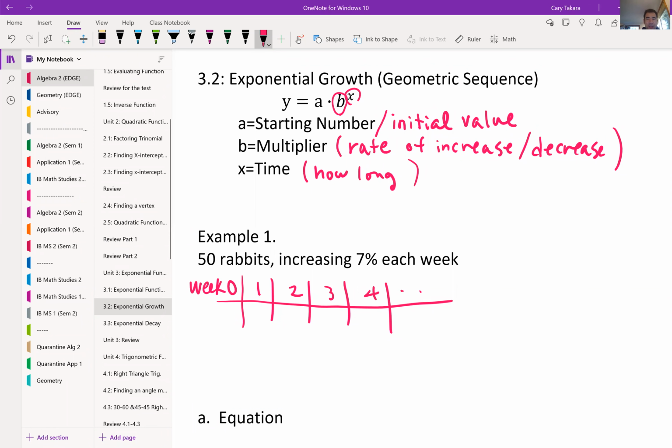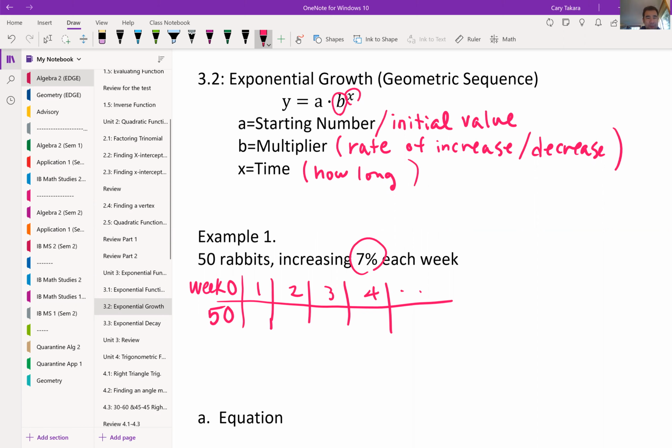That's right. Definitely, it has to do with the 7%, right? The increasing rate is 7%. Okay, but not exactly just 0.07. We'll figure it out. But let's just figure it out week by week.